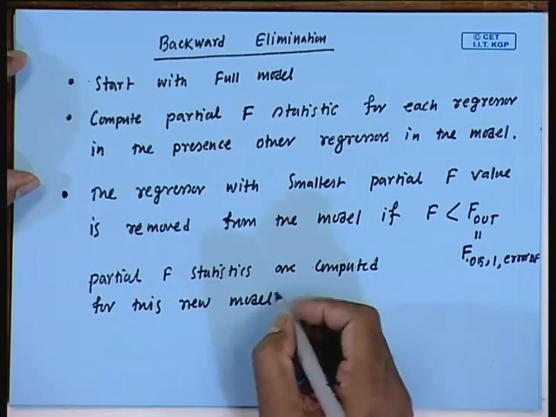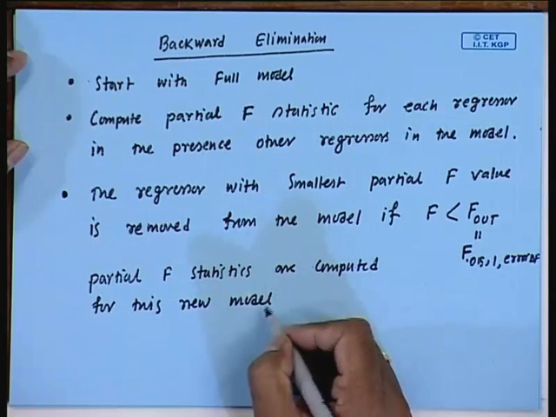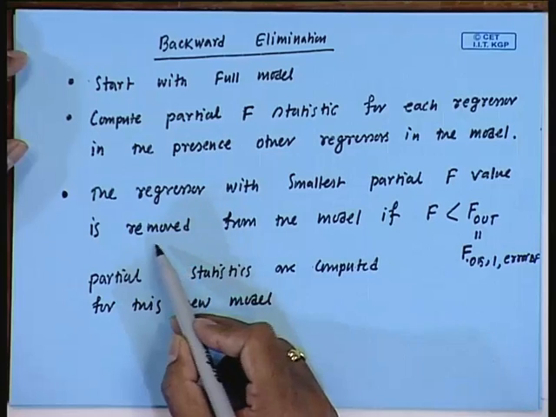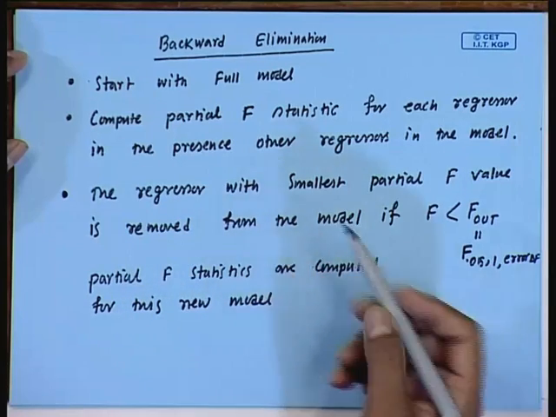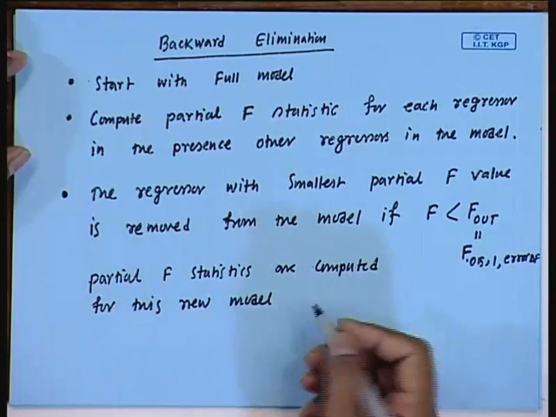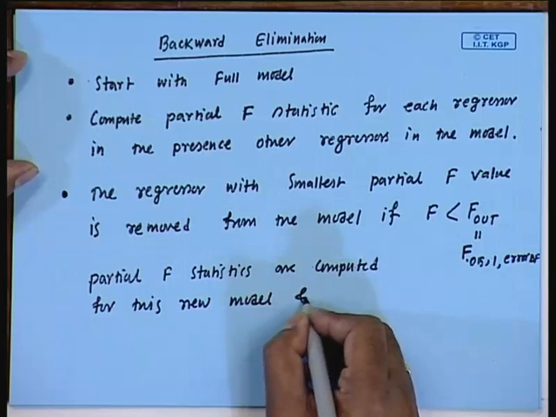By new model, I mean the model which has been obtained by removing the first regressor, for this new model, and the process repeats.